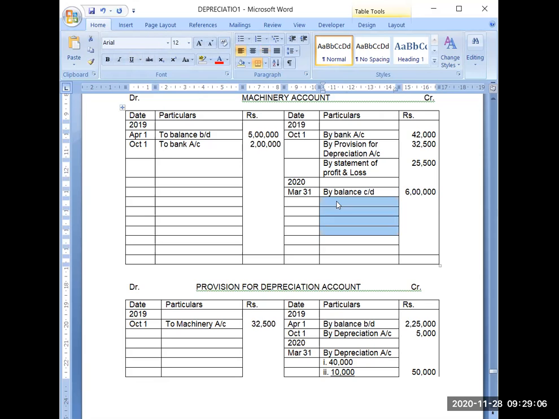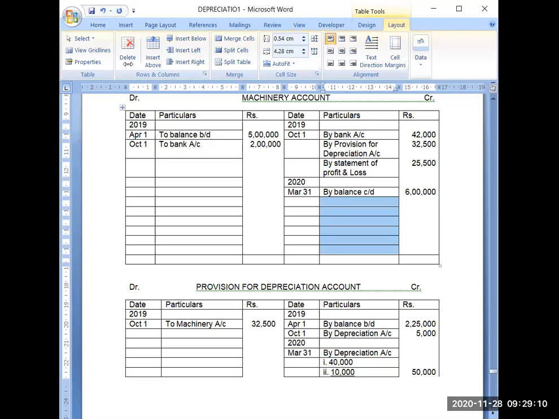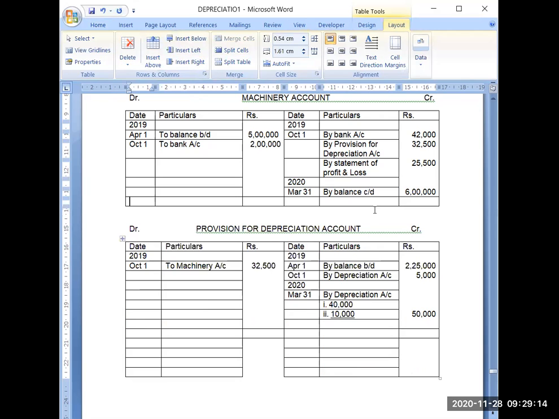And if we will total it, then it will come 7 lakh. And it will also be 7 lakh. Here also we will close the account.